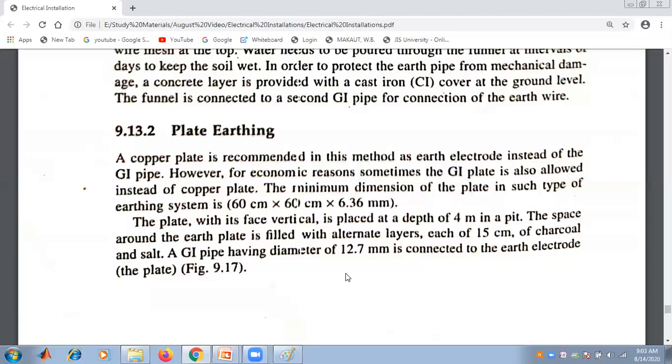The space around the earth plate is filled with alternate layers, each of 15 centimeter, of charcoal and salt. A GI pipe having a diameter of 12.7 millimeter is connected to the earth electrode, that is the plate.